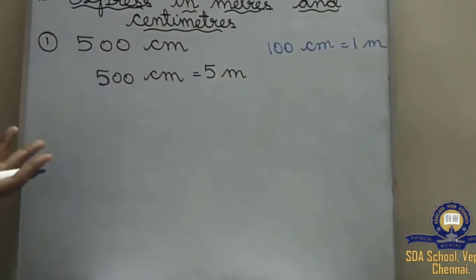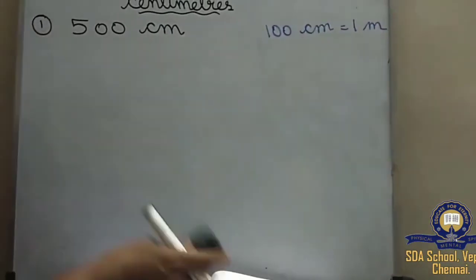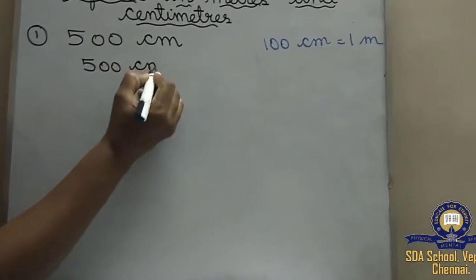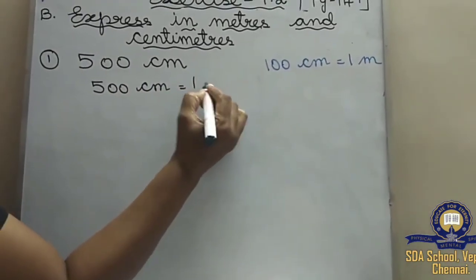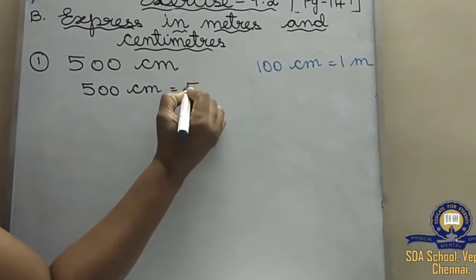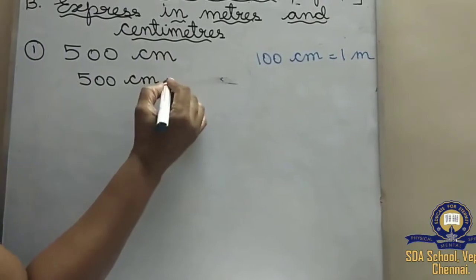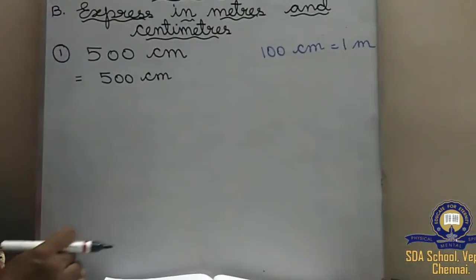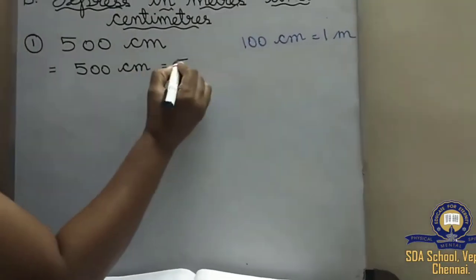Understood, children? Very easy. I'll explain and then only you will see. 500 centimeter is equal to 5 meter.